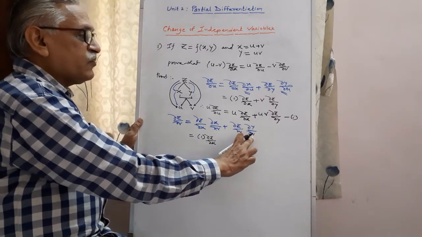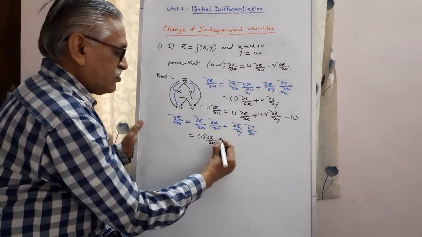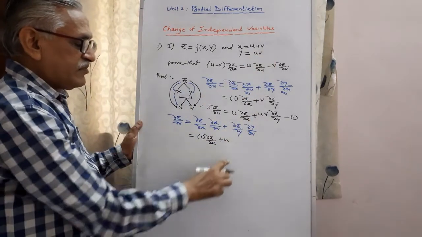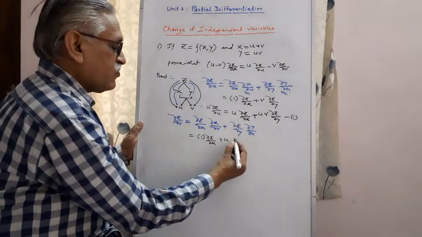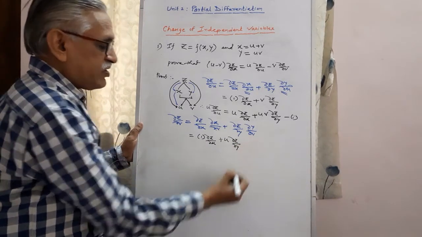Differentiating y with respect to v, derivative of this with respect to v is u, constant term outside. Derivative of v is 1 into u, we get u, and into ∂z/∂y.